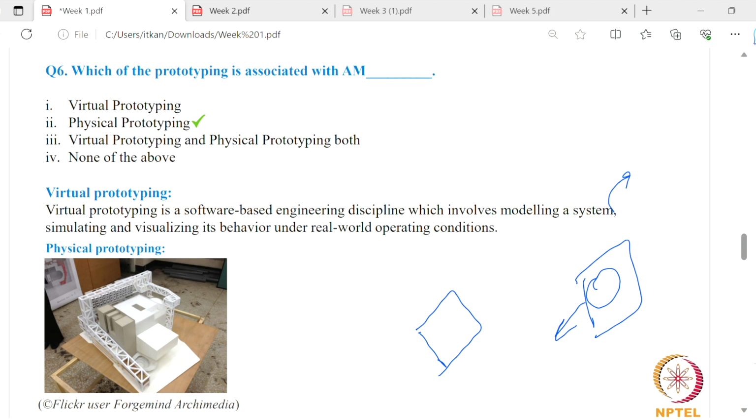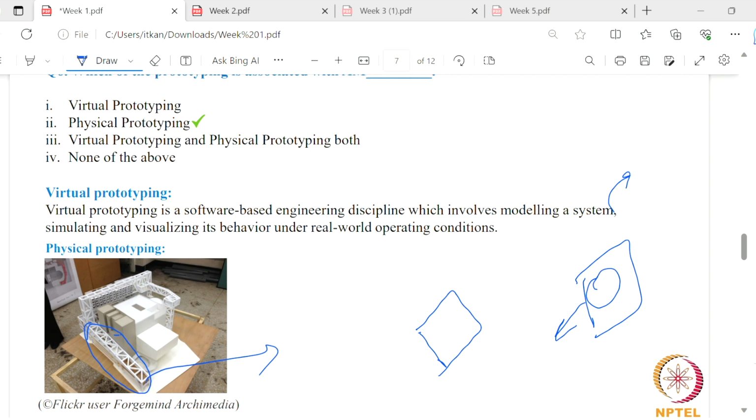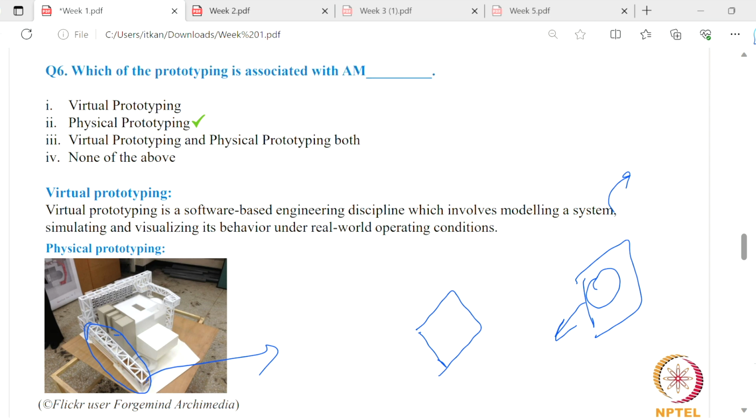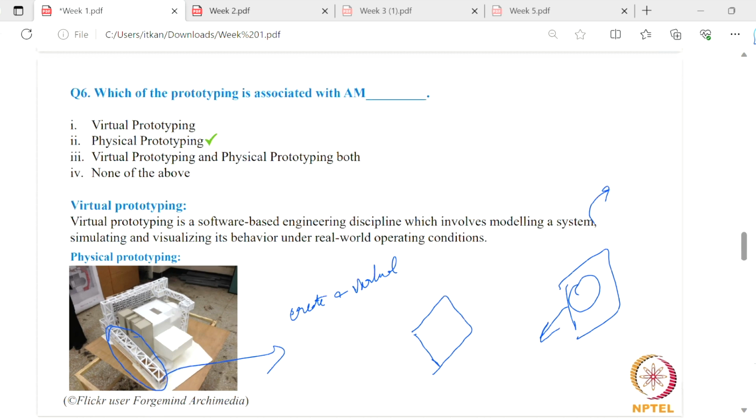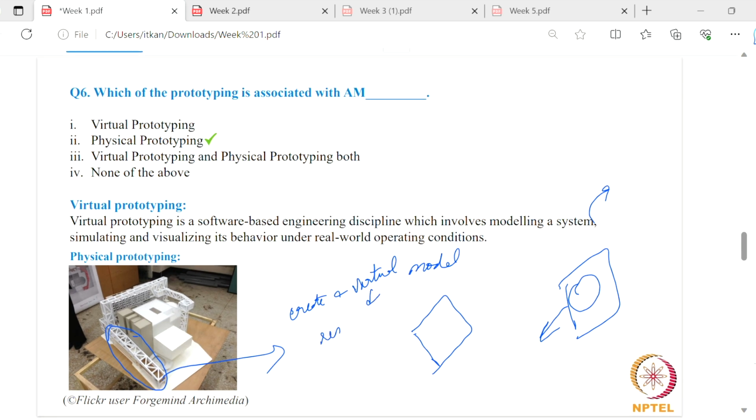Now, suppose we are printing a sample, this specimen. So first what we do is create a virtual model and simulate it, check the deviation, deflection.